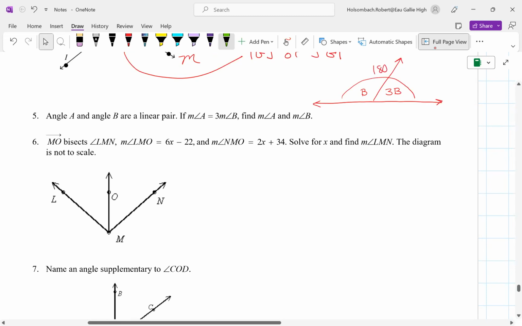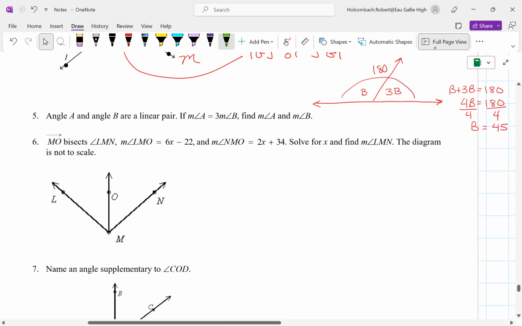So we've got a B plus a 3B that equals 180. So our equation would be B plus 3B equals 180. So 4B equals 180, divide by 4, and angle B is equal to 45.